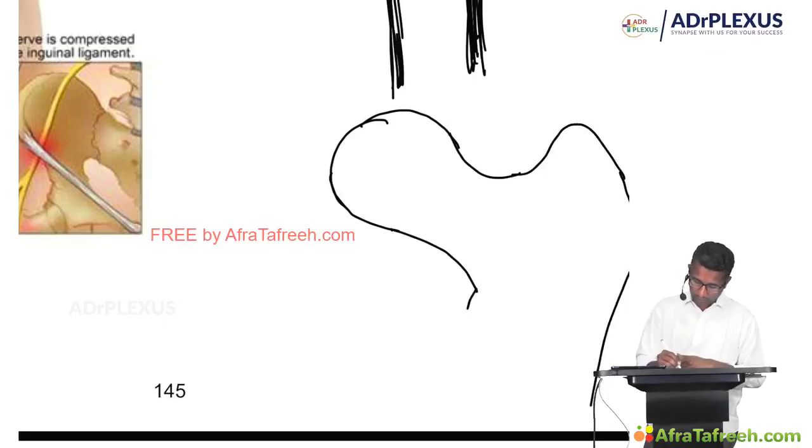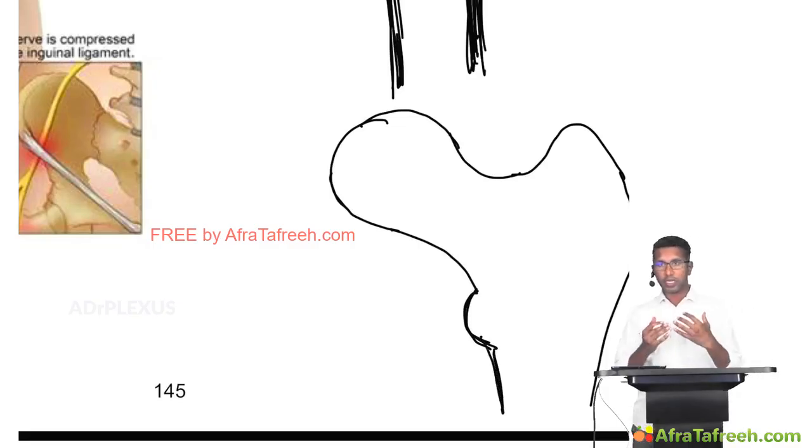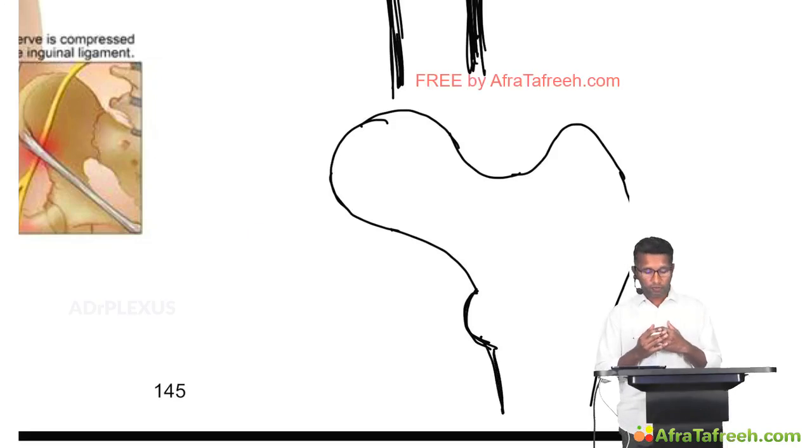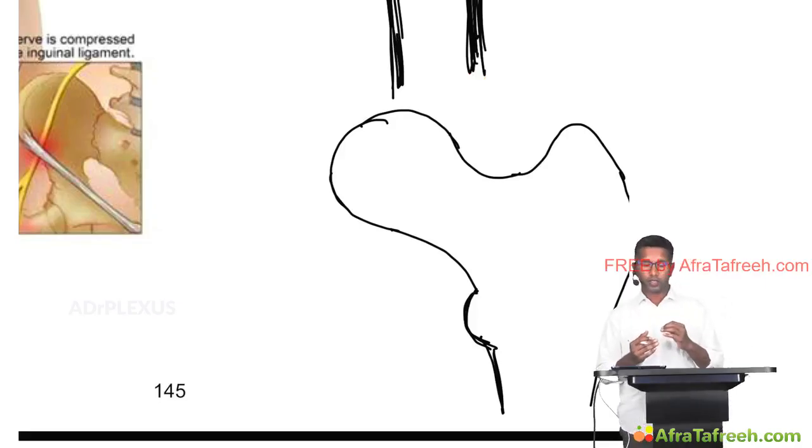You can see the lesser trochanter nicely when you see the posterior side. This is a very important point: the lesser trochanter is a posteromedial structure, so from the posterior side you can see it very clearly.